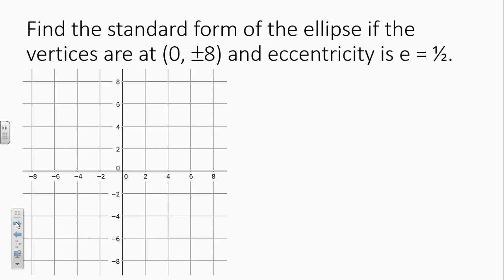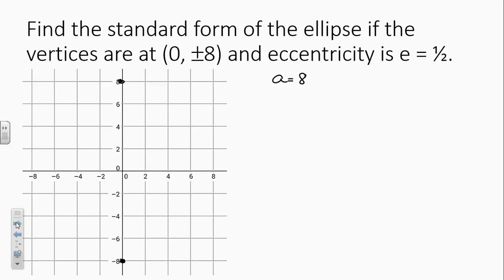Standard form of an ellipse. If the vertices are 0, plus or minus 8, and the eccentricity, E, equals 1/2. So start by sketching your vertices. What do we know? We know A is 8.